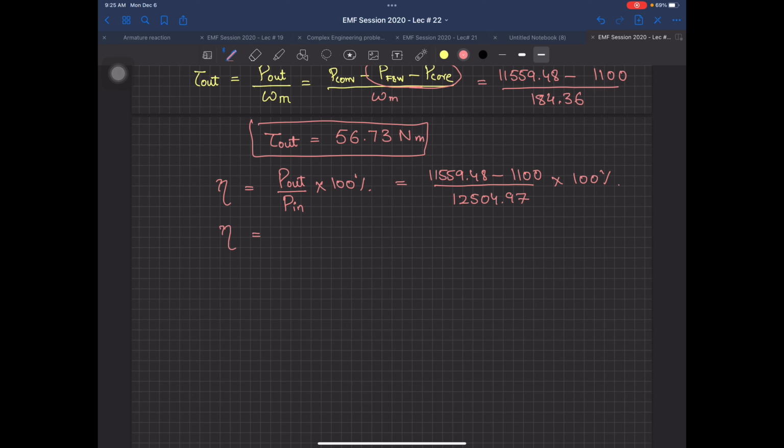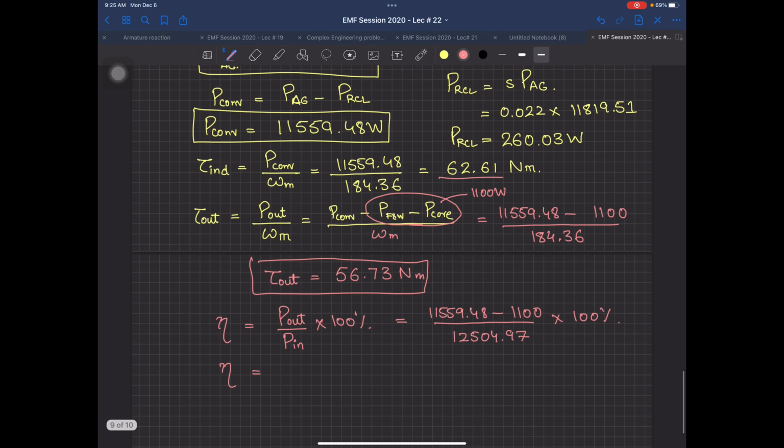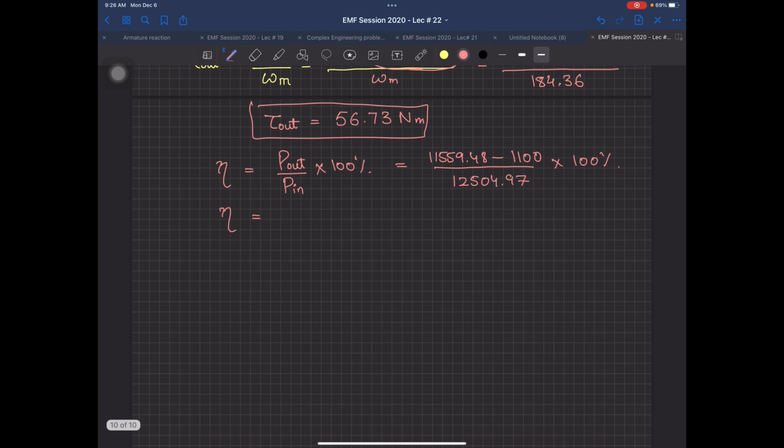Please give the answer. So my P out, just let me confirm. Yes, this is the same. Efficiency is 83.64. This is a very good machine practically. So you are getting an efficiency equal to 83.64.